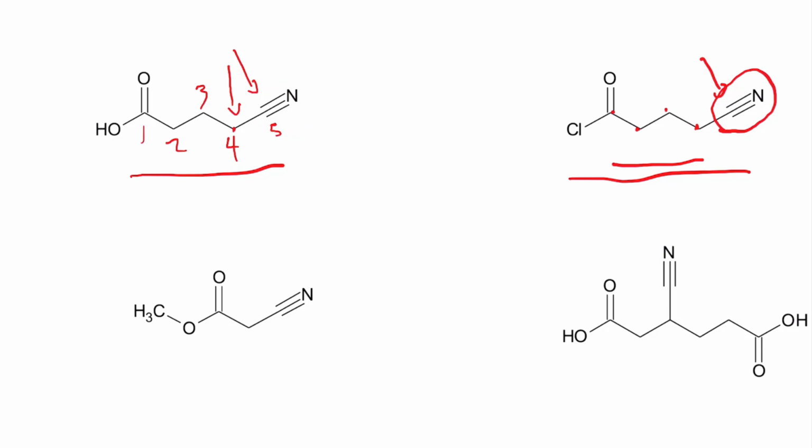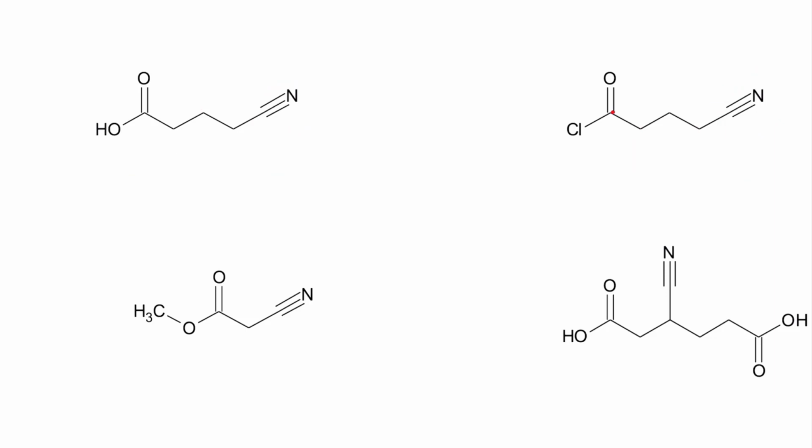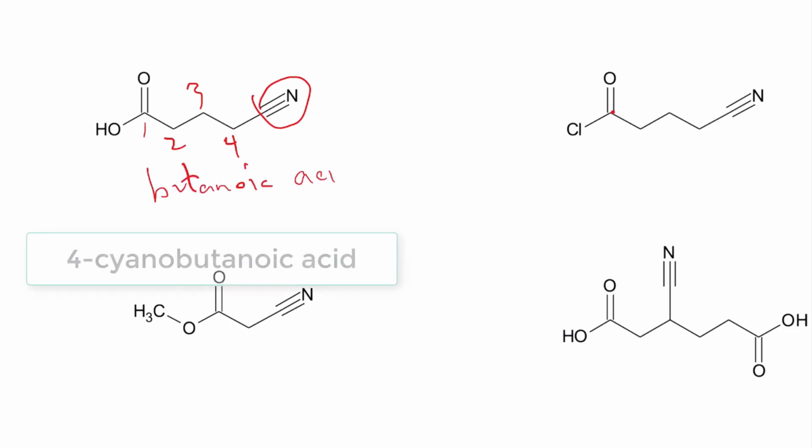So let's erase this and keep going to actually name it. So then I would indicate 1, 2, 3, 4. The cyano is now in the 4 position. So this is a butanoic acid. There is a space here. And in the 4 position now is a cyano.